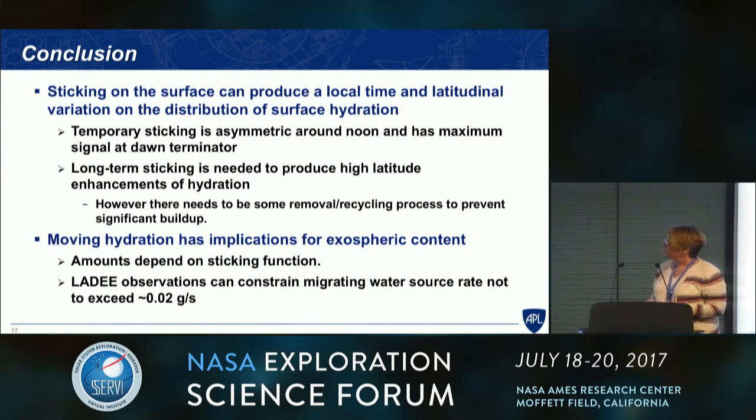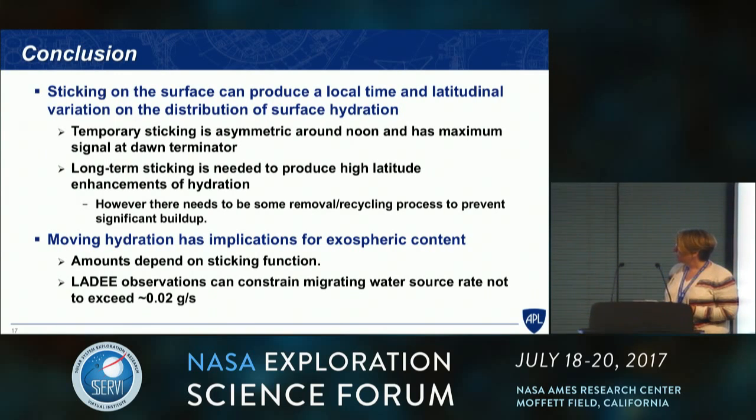All right, so in conclusion, sticking on the surface of water molecules can produce a local time and a latitudinal variation in hydration on the moon. And the models that I'm using show that it's asymmetric around noon, has maximum near dawn on the morning side, and that long-term sticking is needed to reproduce any latitudinal effect.